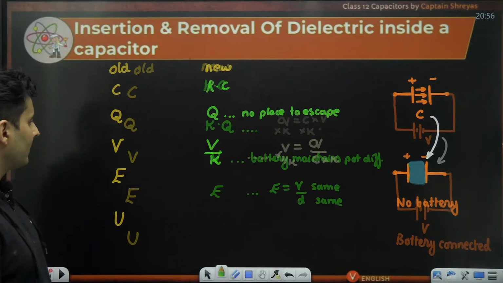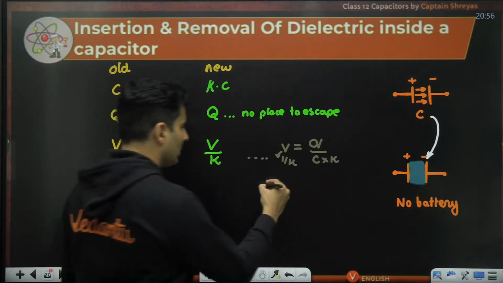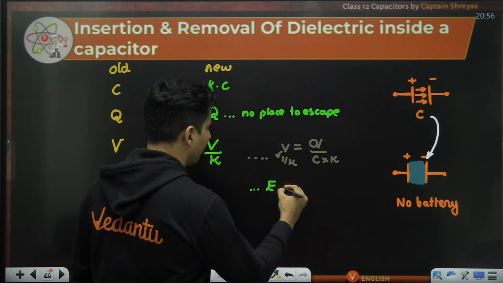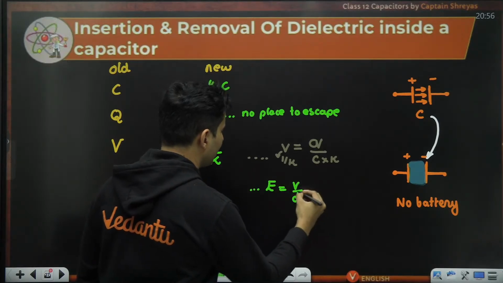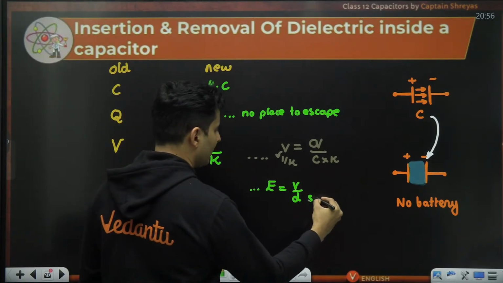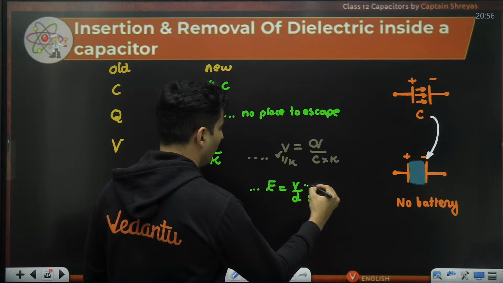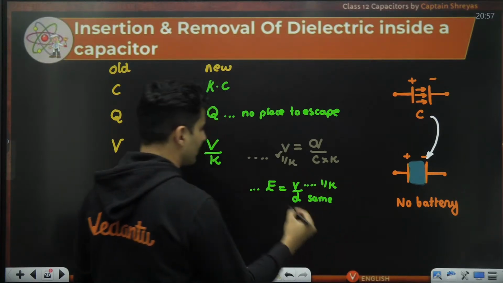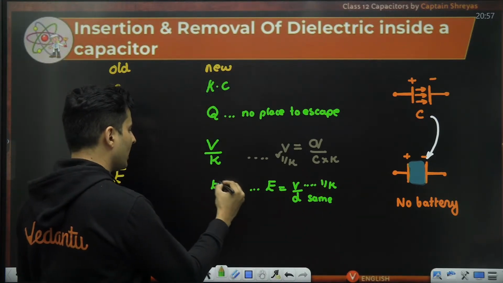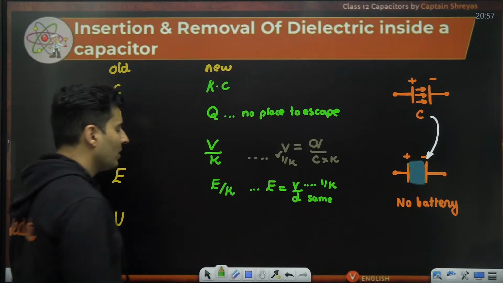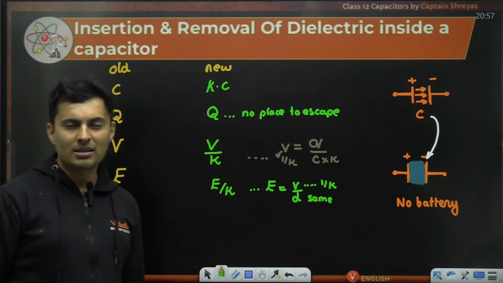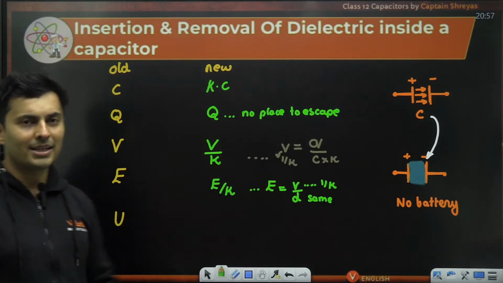But over here, voltage has changed, and since electric field is voltage by distance, distance is still the same, but the voltage has become 1 by K times. So the field will also become E by K. So if it was 100, it will become 100 by K.